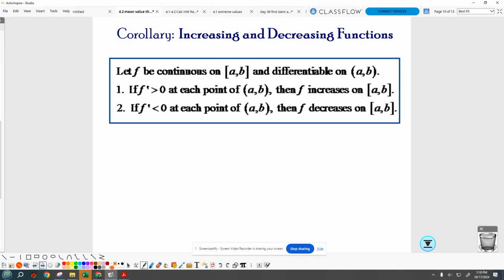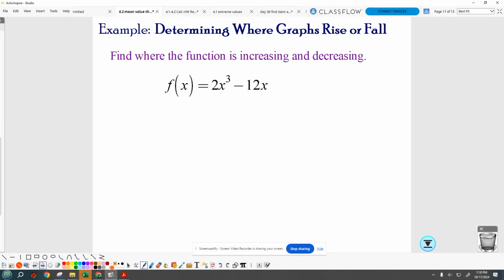Hey, you ready? Yeah, recorder gets to write on the baby board, and scribes gets to write on the big board. So, find where the function is increasing or decreasing.